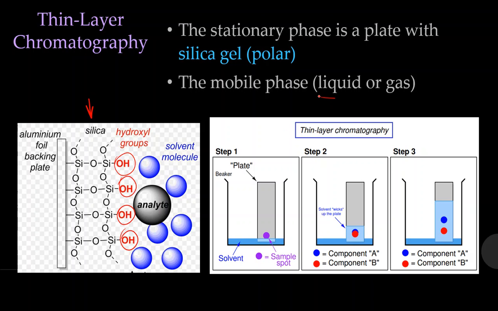Now the mobile phase could be a liquid or a gas depending upon what kind of equipment you have, but it's basically going to do the same thing as the paper one. If it's more attracted to the solvent, it's going to creep up with the solvent. If it's more attracted to the plate, and the silica gel, it's not going to move very far. So this one's very similar to paper, except now you've got the silica gel backed by a plate that has aluminum foil on it.